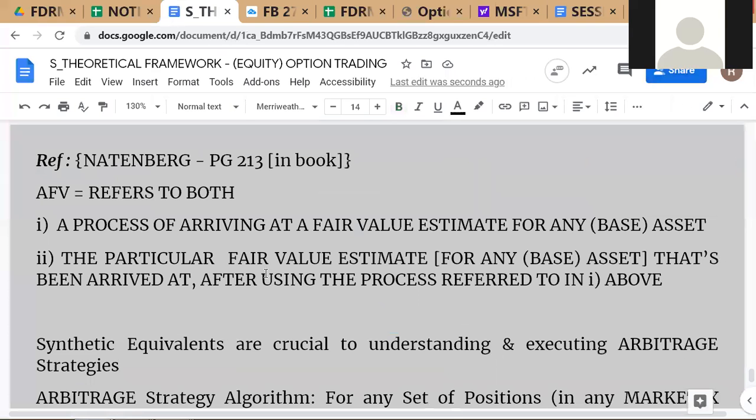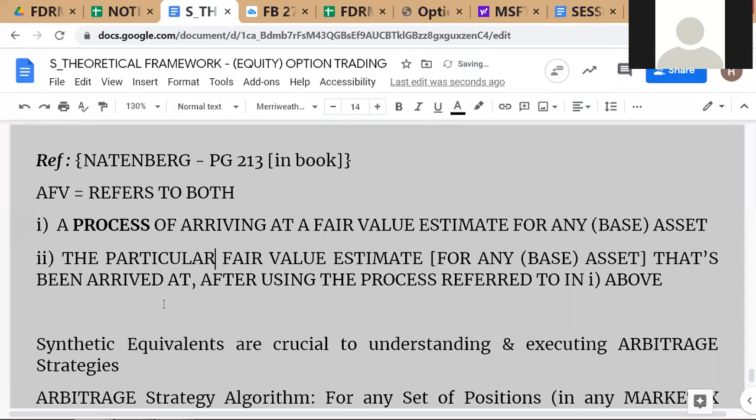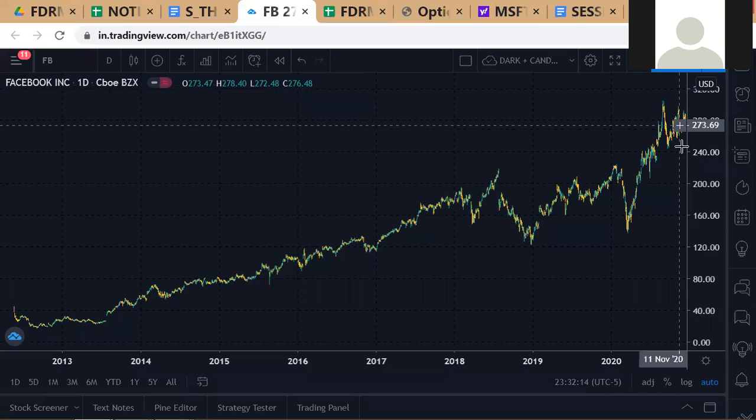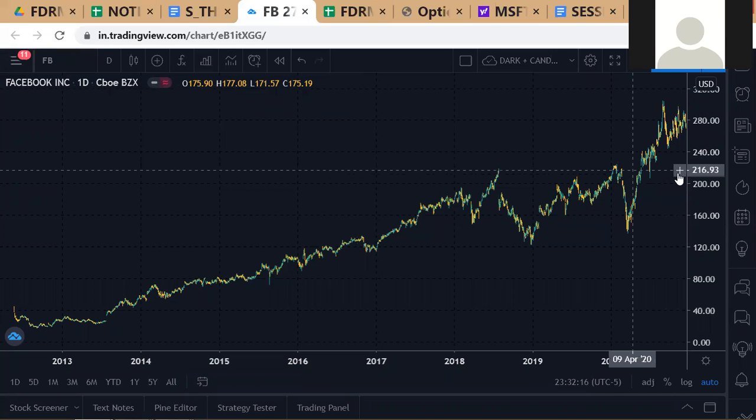Similarly, AFV would refer to the process of arriving at a fair value, or it could refer to the particular fair value estimate, by which I mean a specific fair value estimate. For instance, I may do an earnings forecast analysis for Facebook.